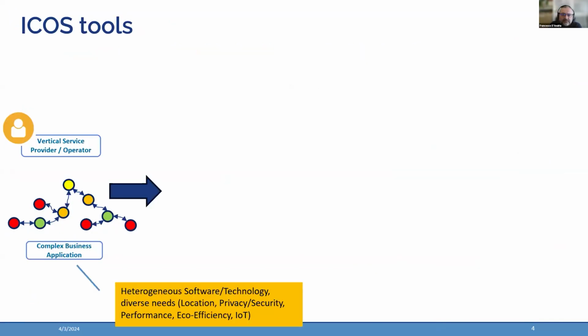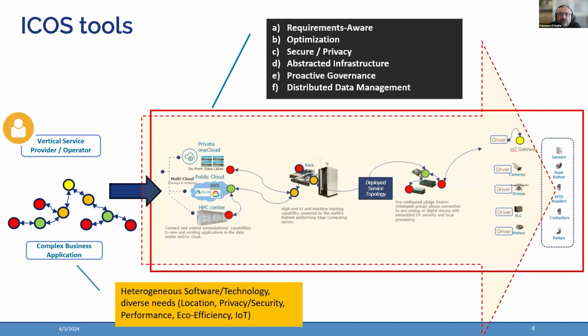On the other hand, ICOS wants to be a toolkit used by vertical service providers and operators to manage complex business applications with specific requirements, such as location, privacy, security, performance, eco-efficiency, and IoT integration.